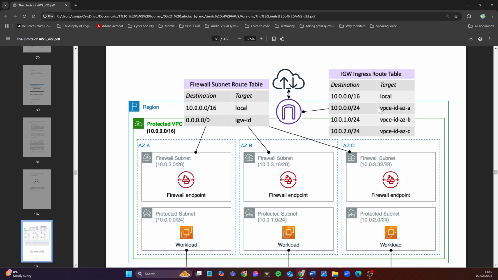The internet gateway has a route table. It's got a local route, but it's got these more specific routes, /24, they're more specific than /16, and all of the 3 /24 routes have as a target the VPC endpoint ID for those firewall endpoints. So 3 routes. This can go to either the endpoint in AZA, the endpoint in AZB, or the endpoint in AZC.